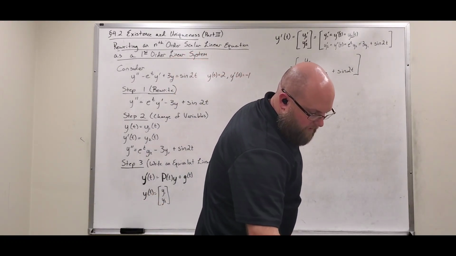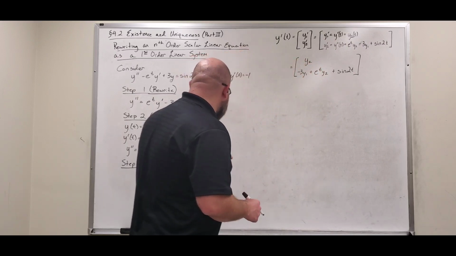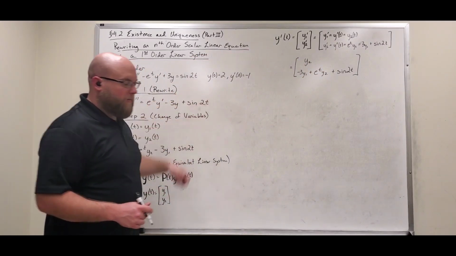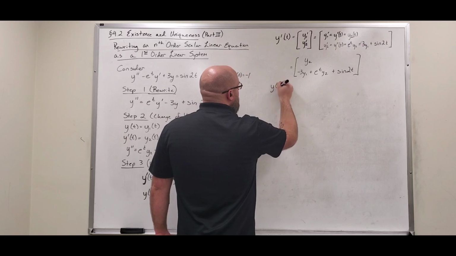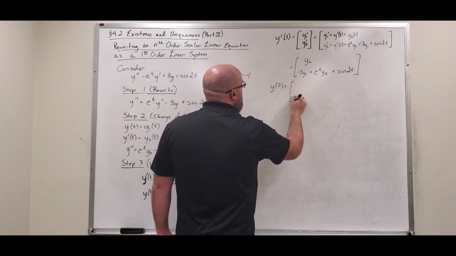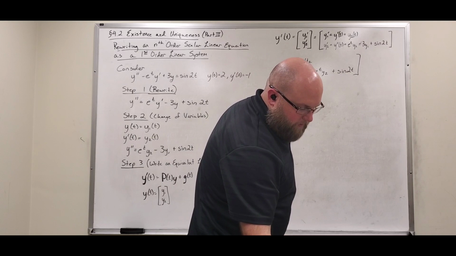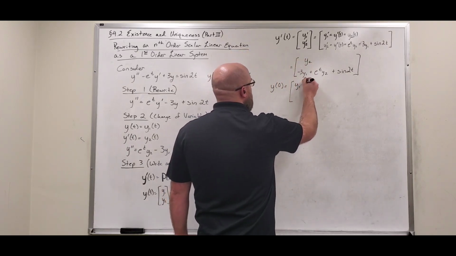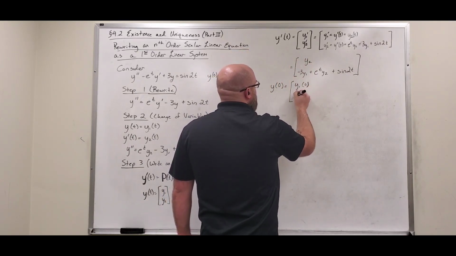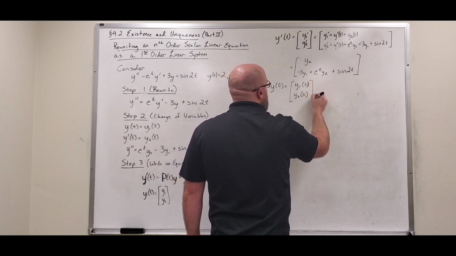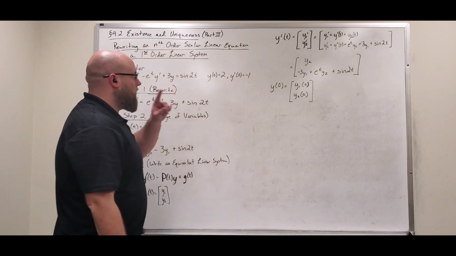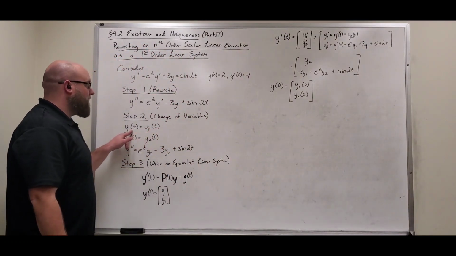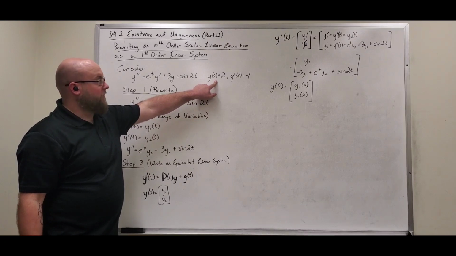All right, the next step, again, with this rewrite is to talk about, well, this was an initial value problem, okay? Y of 0. Throwing in those values, that means this is y1 of 0, and this is y2 of 0. Well, think about this. What was y1? Well, y1 is equal to y of t. Y of 0 is equal to 2.